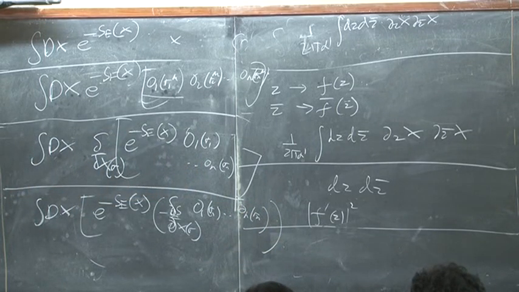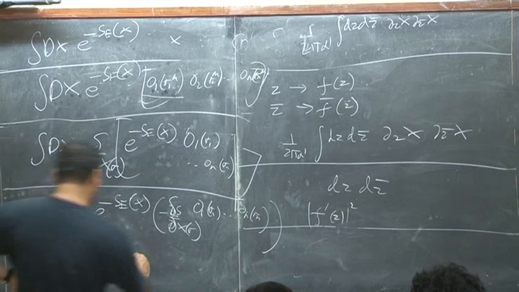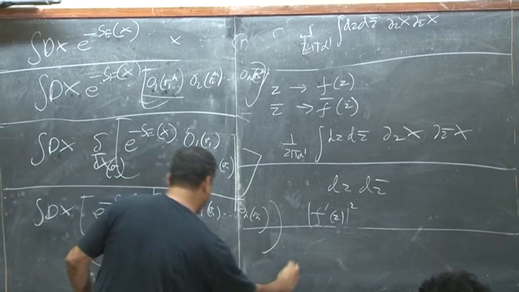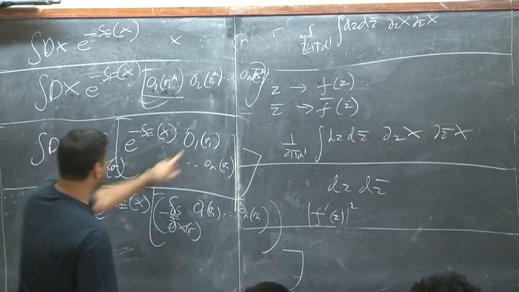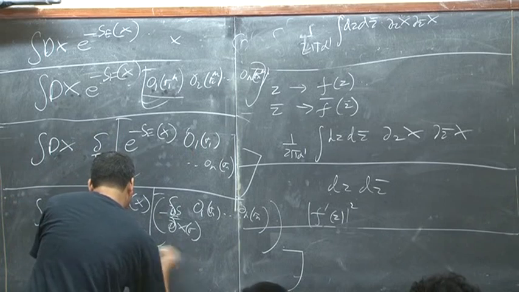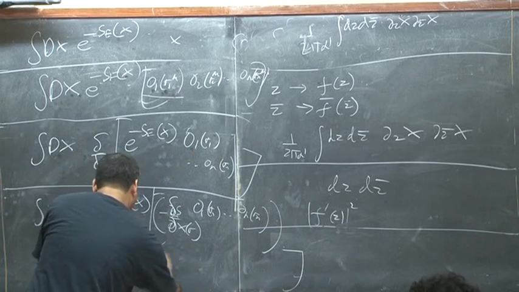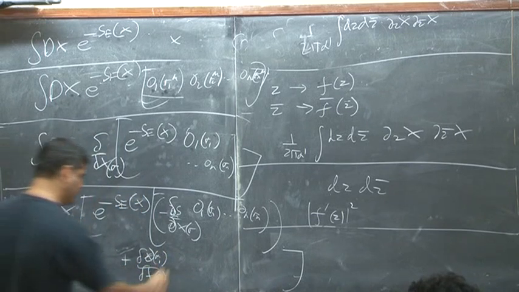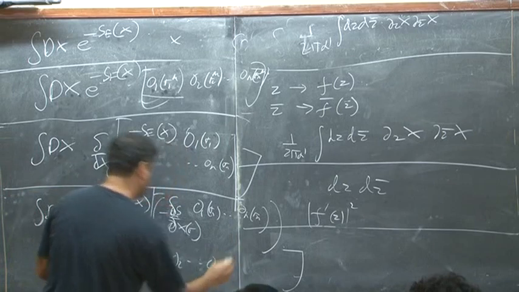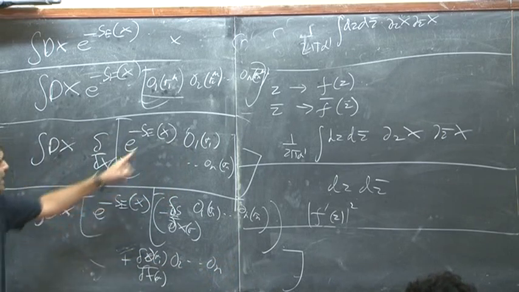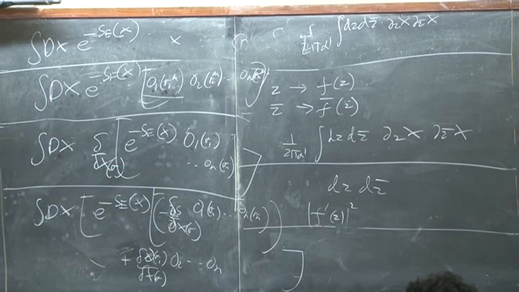This is one term. The other terms: e to the power minus S acts on everything, plus when you act on the insertions, delta O of sigma 1 by delta x of sigma times O2 through On, and so on, n such terms, where the derivative acts on each of these insertions.